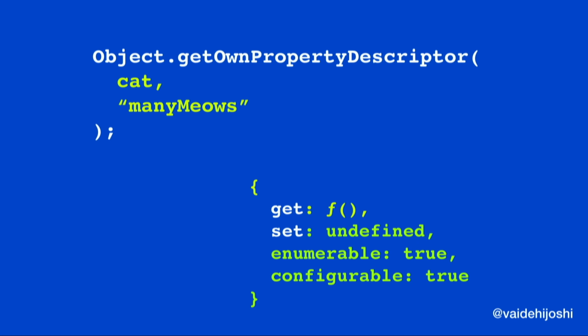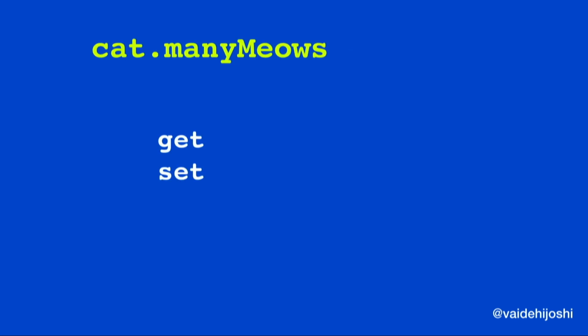Seems a little odd. Let's investigate. Well, even before digging into this any further, this won't be too surprising, because we just learned that getters and setters are inherently different from the other properties we looked at. So maybe it makes sense that their property descriptors also look a little different.